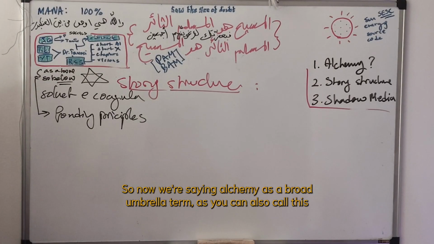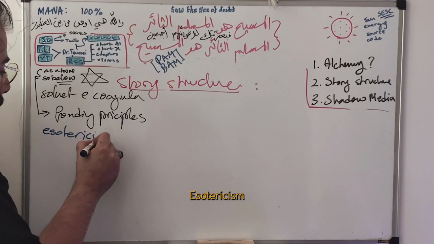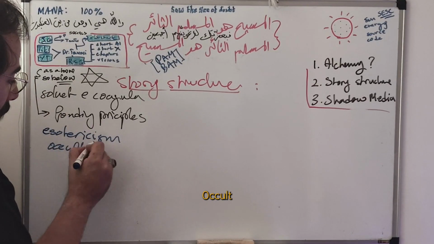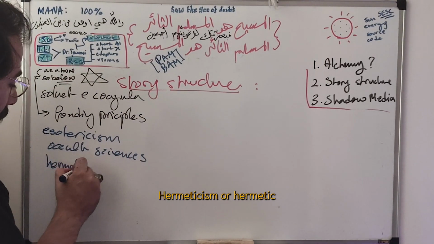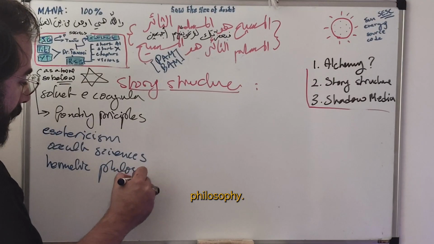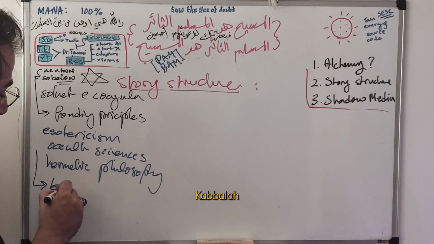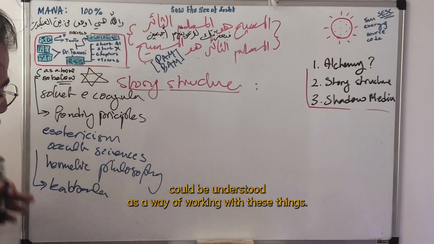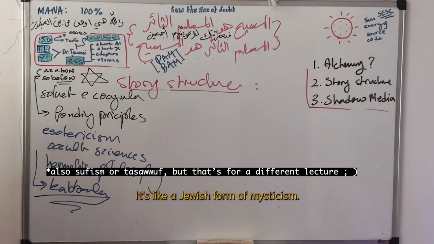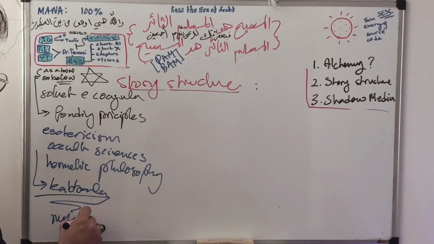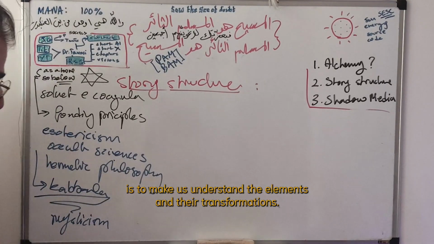Now we're saying alchemy as a broad umbrella term, but you can also call this esotericism, occult sciences, hermeticism or hermetic philosophy. Kabbalah could be understood as a way of working with these things. I don't know if anyone's familiar with Kabbalah, but it's a Jewish form of mysticism. But the goal of all of this is to make us understand the elements and their transformations.